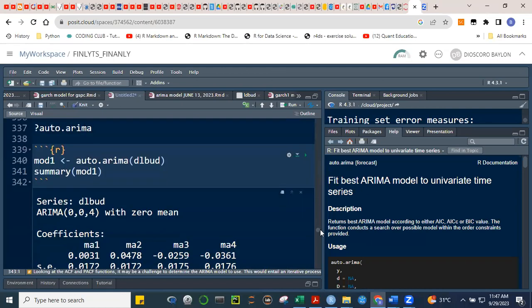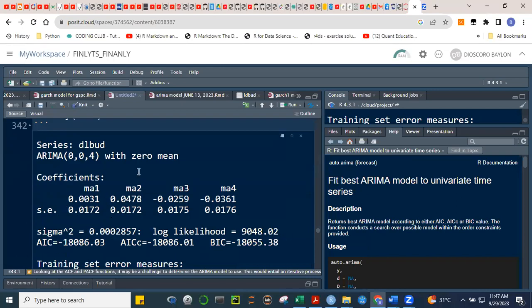So R says this is our model. It's an ARIMA 004. Okay? So what's our equation, class? By the way, class, if you recall, what's another name for ARIMA 004?